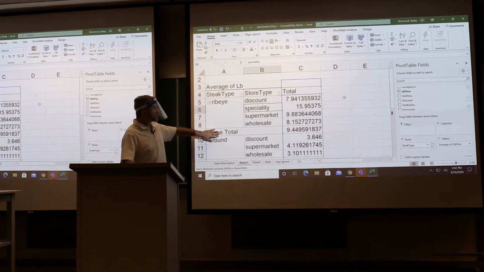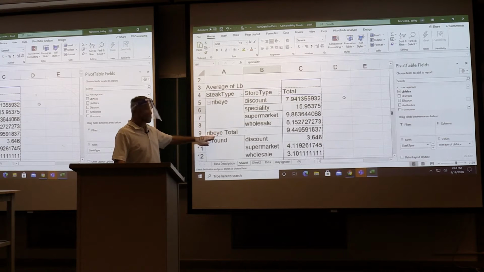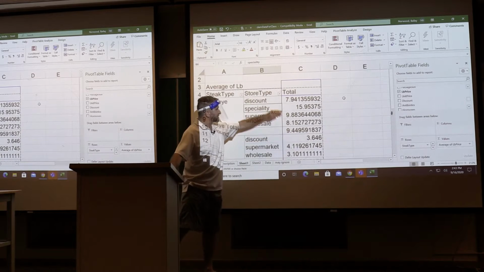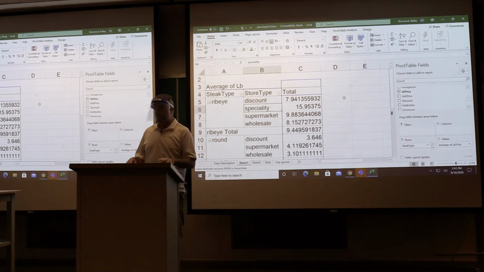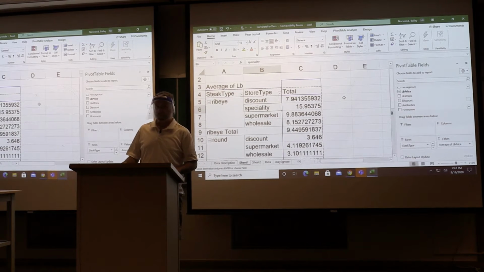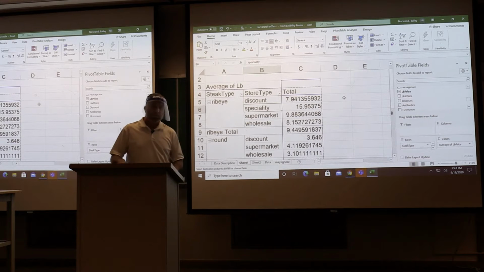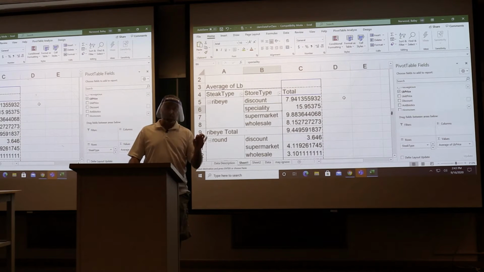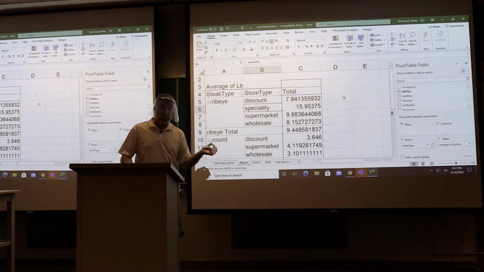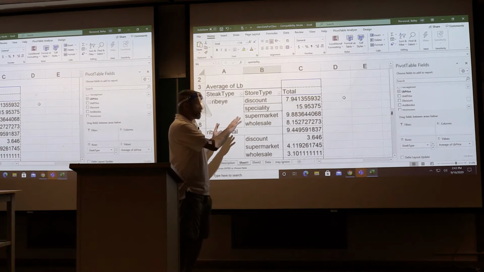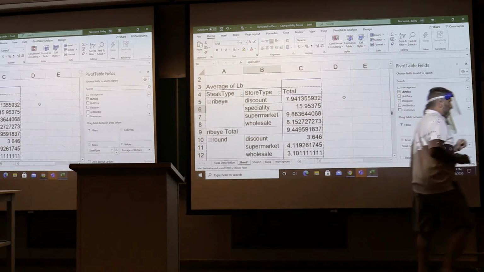That's what this here tells you, ribeye total. That's the average price across all the stores. And there's a different way of doing this that may look like it would be right, but isn't. So suppose I organize this a little different.